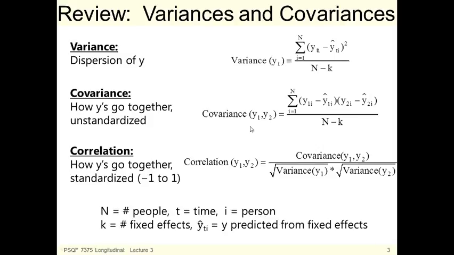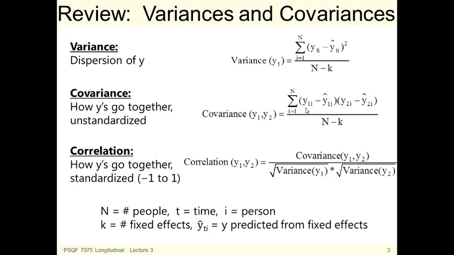So we only need to know two of these things to be able to figure out the third. And the models that we're going to talk about in terms of the model for the variance, the parameters of them are either going to be variances and covariances, or they will be variances and correlations. But if you know two of them, you can always get the missing one. Most of the time we're going to be talking about variance and covariance, which is just the idea of association, but within the original metric of the variable.